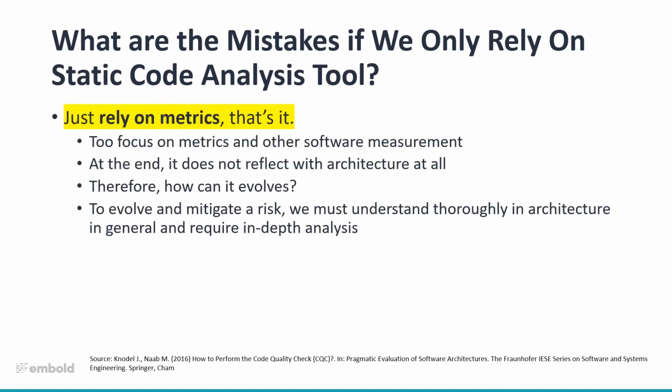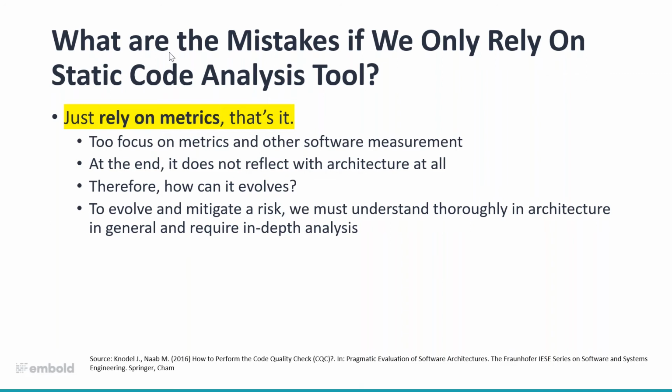So there are some mistakes. When I go to clients and try to understand from the research paper, there are a few mistakes that developers make when using code static analysis tools. The first one is they are really focused on the metric.